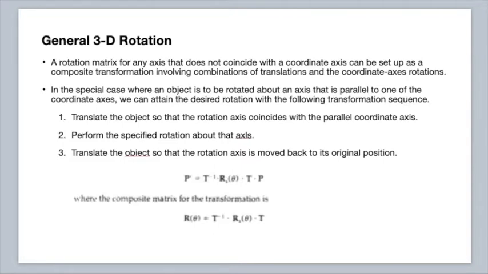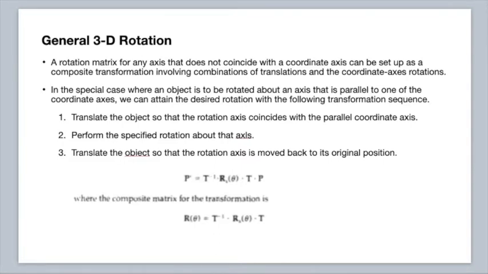That is, a combination of translations and rotations will be required for such rotations. So we are going to see some cases in which the axis of rotation is not the coordinate axis.